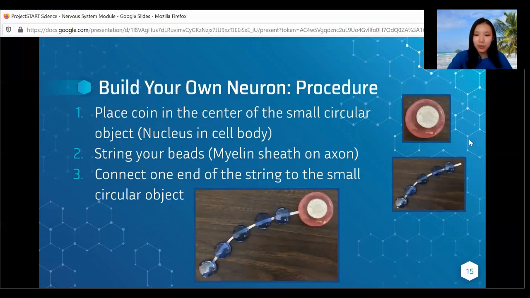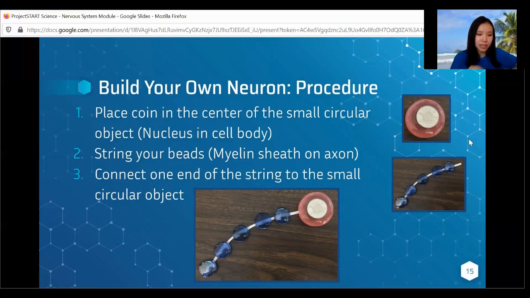Okay. So now we're going to build our own neuron. You're going to take your coin, which represents your nucleus, and place it in the center of your small circular object. This represents your cell body, and your nucleus goes in the cell body.